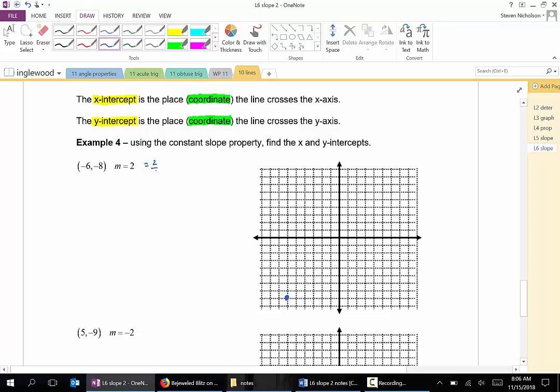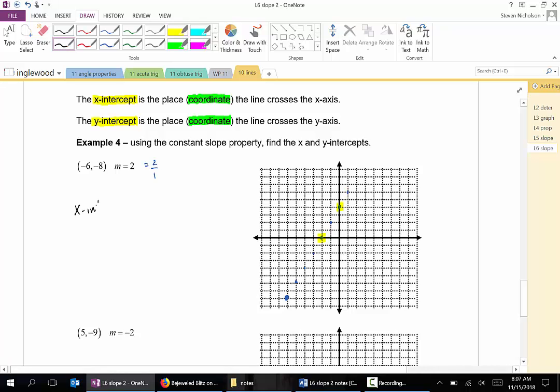I'm going to use this slope information in order to see where this particular line will cross the x and y axis. So all I'm going to do is go up 2, right 1, up 2, right 1, etc. And there we have the x-intercept right there, and I'll just keep on going, and there we have the y-intercept right there.